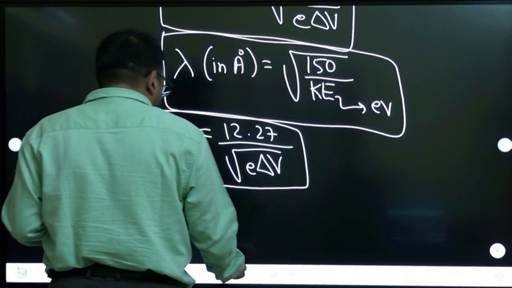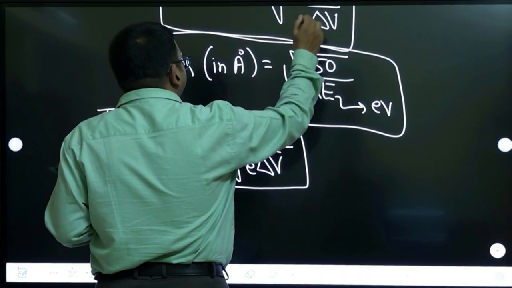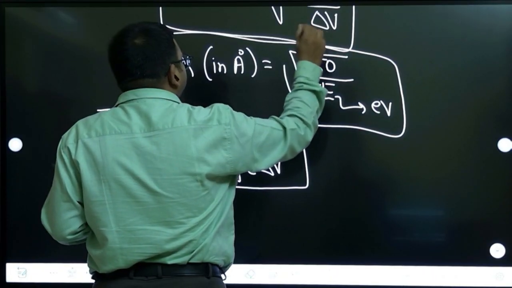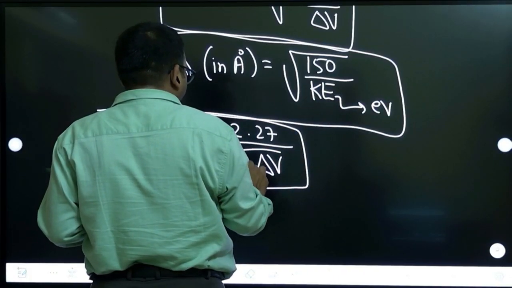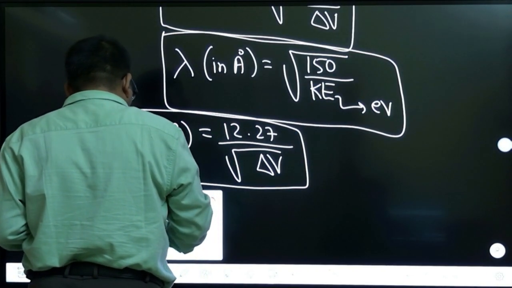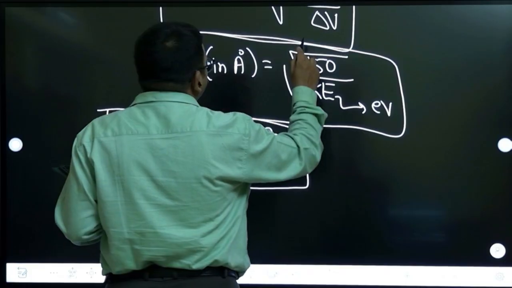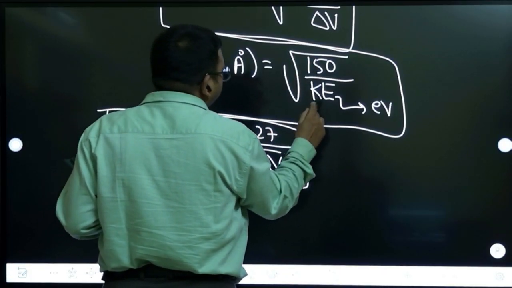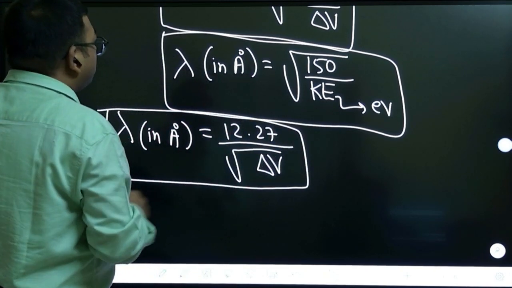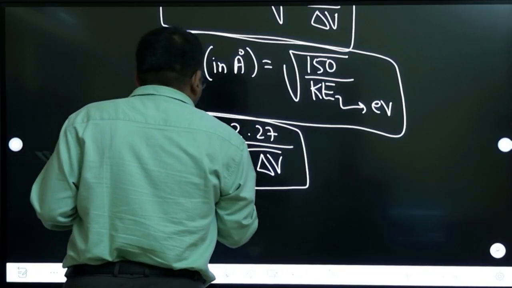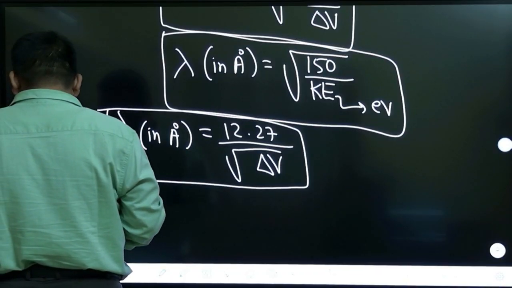But see, you do not have to put this e here. Whatever voltage you do calculation with, that voltage will come. This value of the voltage we need to substitute here. This voltage they will give, that voltage you substitute. Here kinetic energy will be given in electron volt, that you substitute. E you don't put here. Similarly here e you don't put. This will be in angstrom only.